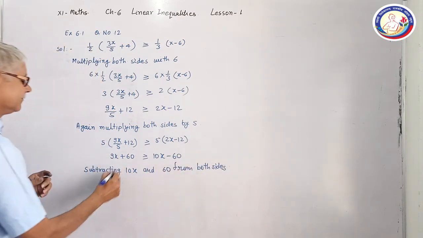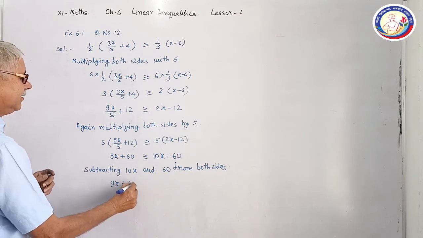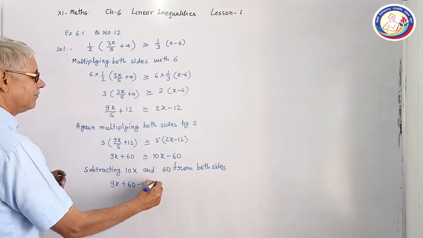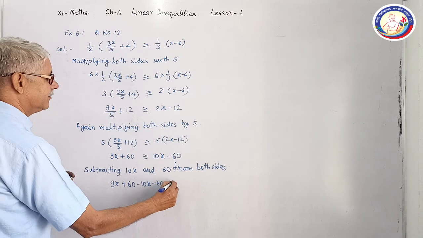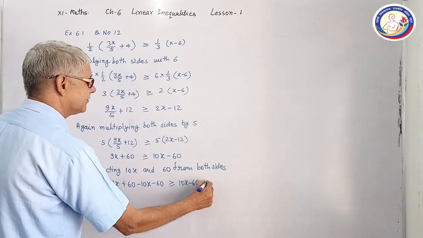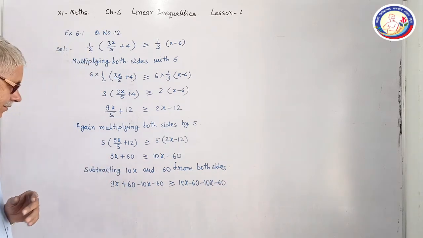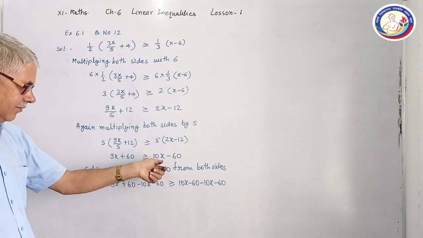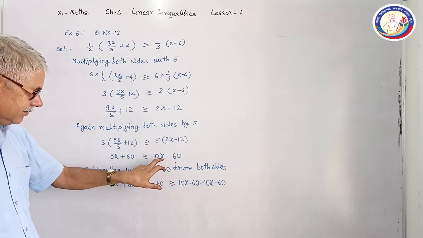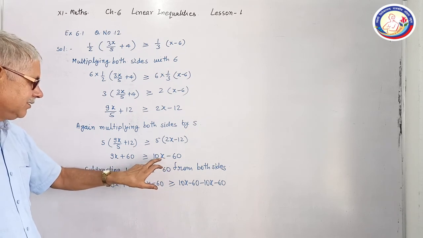What will be the result? This will be 9x plus 60 minus 10x or minus 60 is greater than or equal to 10x minus 60 minus 10x or minus 60. See here, you can directly write reversing the sign of this 10x here.